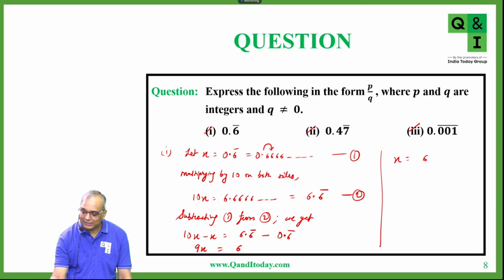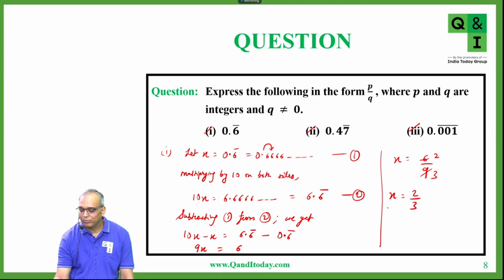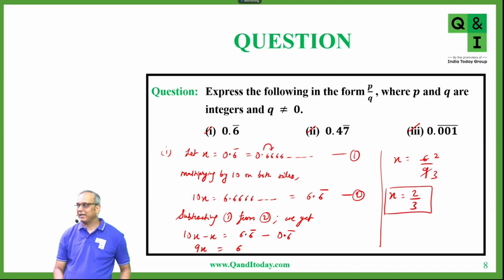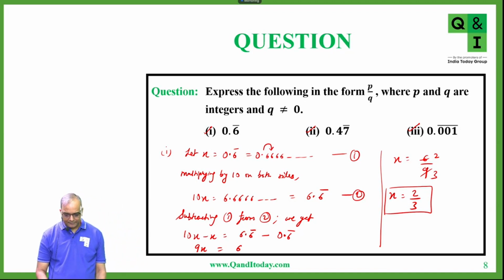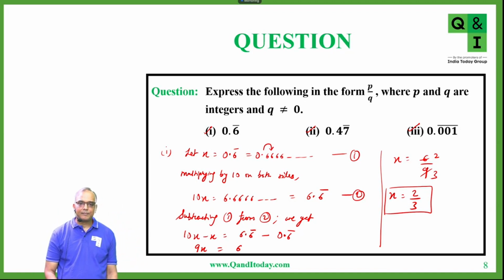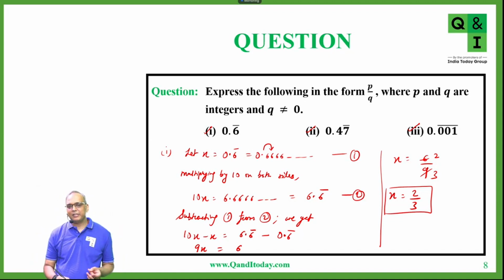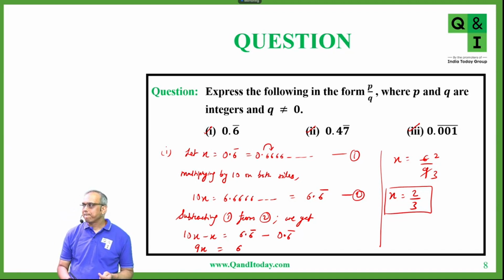So x is equal to 6 by 9. So 3 times 2, 3 times 3. So x is equal to 2 by 3. So this is the P by Q form for 0.6 bar. Clear? X is equal to 2 by 3 will be the P by Q form for 0.6 bar.